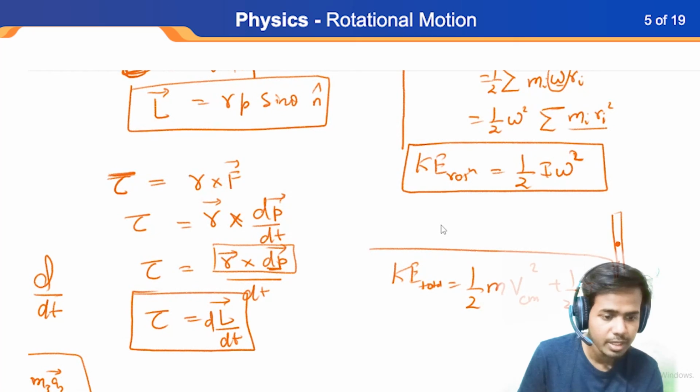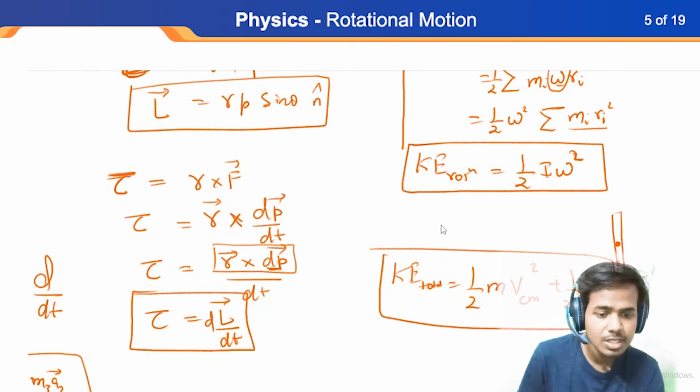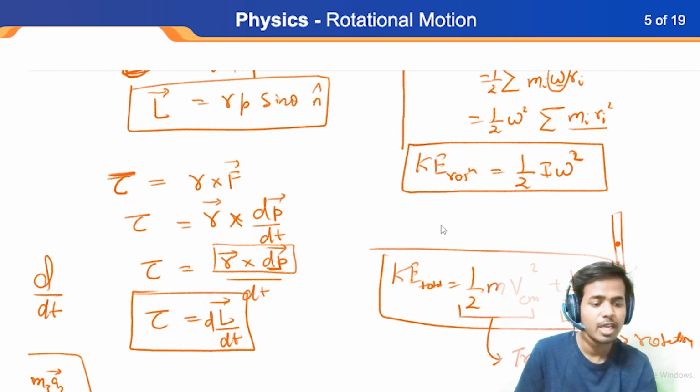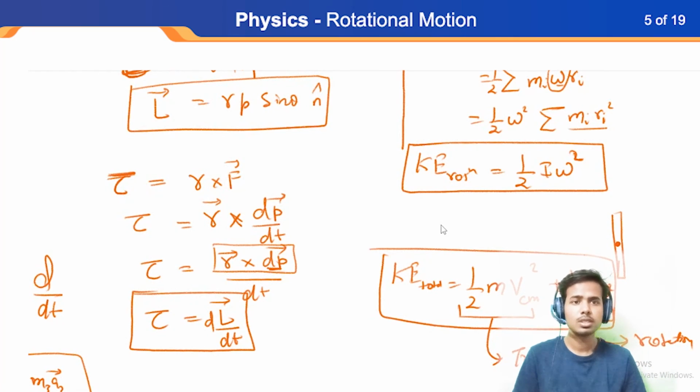This is the total energy, because the first term is for the translational motion, and the second is for the rotational motion. Since the body is doing both types of motion, the energy related with the translation is independent of the energy related with the rotation, of course.